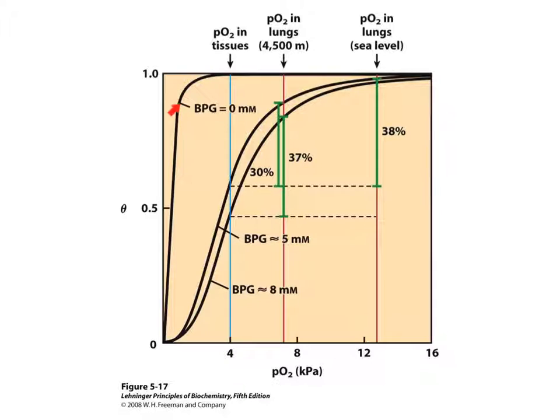Whereas if you didn't have the BPG, it would go from 100% bound and it would still be 100% bound. And so we would die. Okay, so that's why you need BPG around to bind to our hemoglobin, because at this concentration, which is the normal concentration of oxygen in those tissues that are working out, it would still be almost 100% bound.